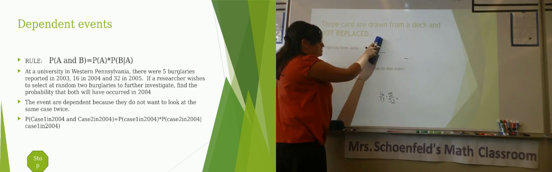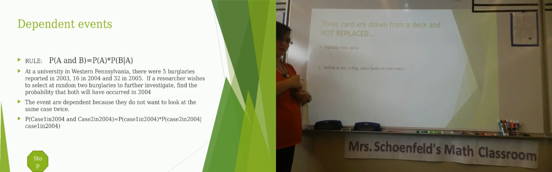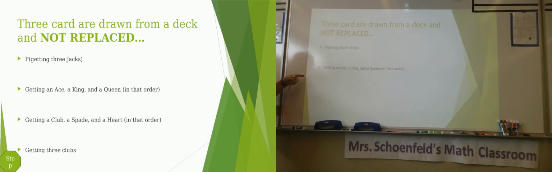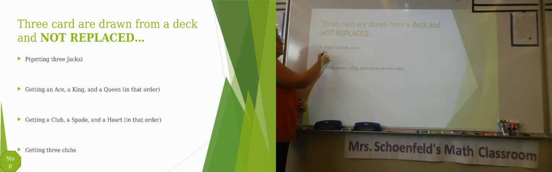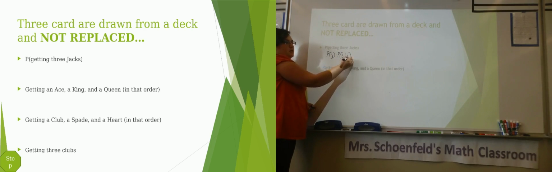So let's do some card problems, because you'll do a few card problems. Getting 3 jacks. The probability of getting 3 jacks is the probability of getting the first jack, times the probability of getting a jack given that the first card was a jack.